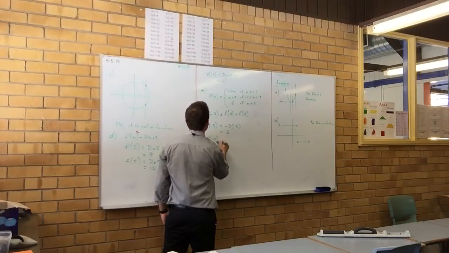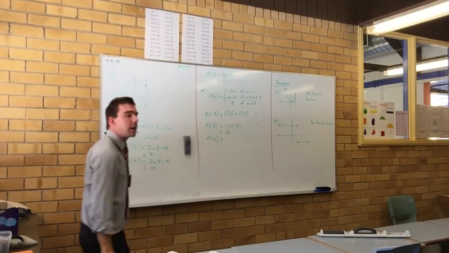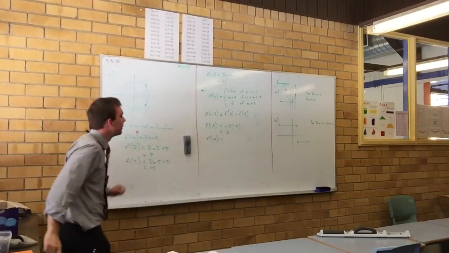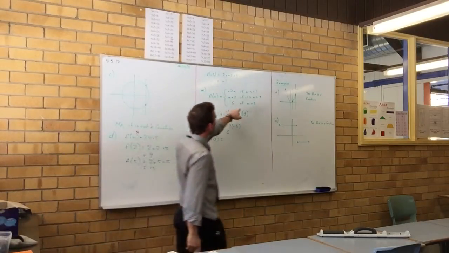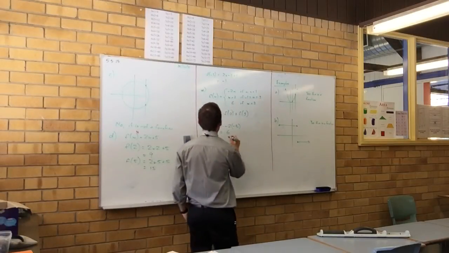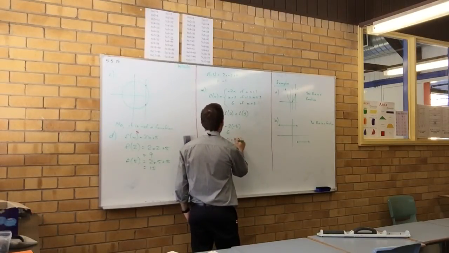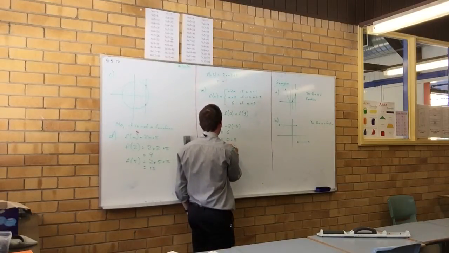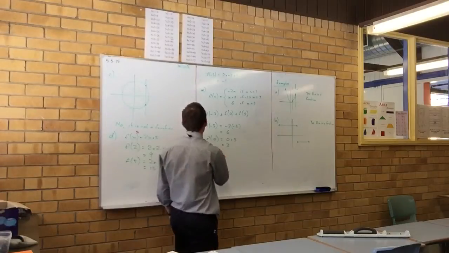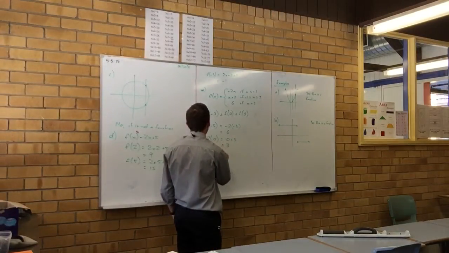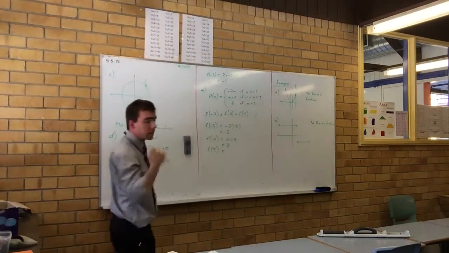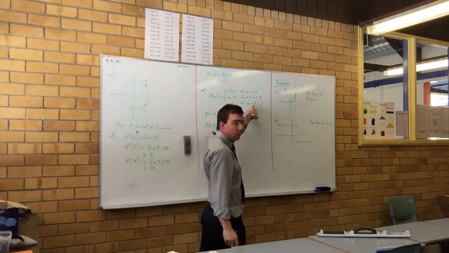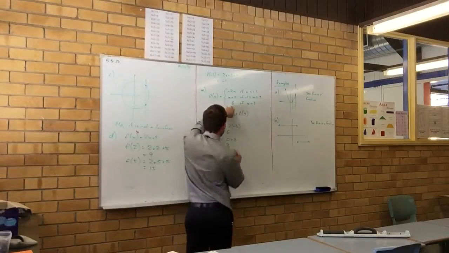F of 0. Which domain over here does 0 lie in? The middle one, because it's between -1 and 3. So we replace the x with 0 inside that bracket. We have 3. F of 5, which of the three equations? 5 is greater than 3, so we have this equation.